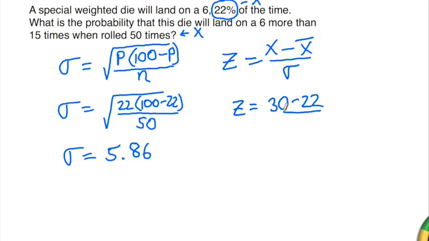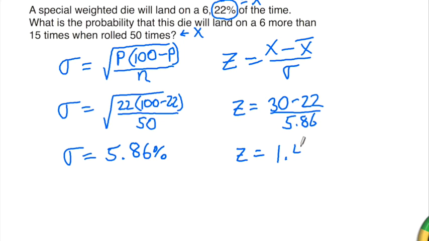These are all percents, so I'm just going to leave them all in percent form. 5.86% is the standard deviation. So when we do our z-score, we get 30 minus 22, better known as 8, divided by 5.86.